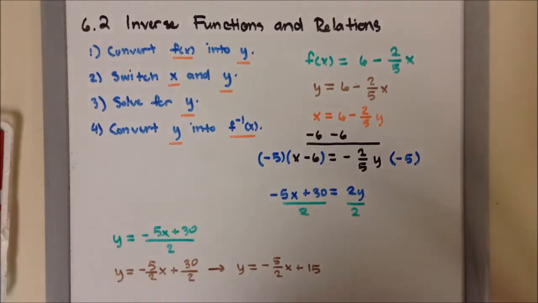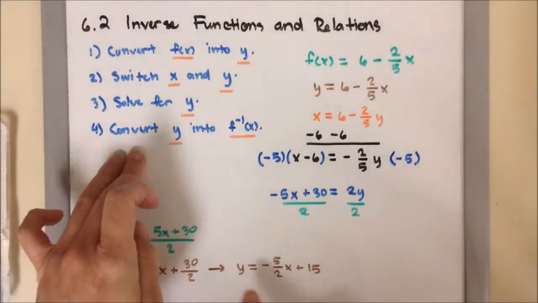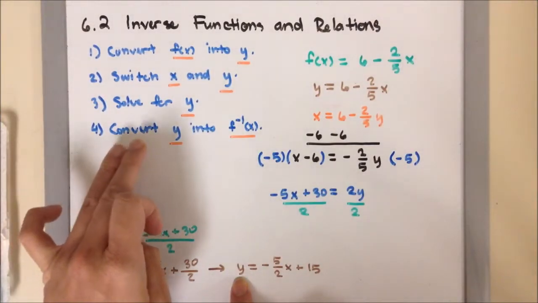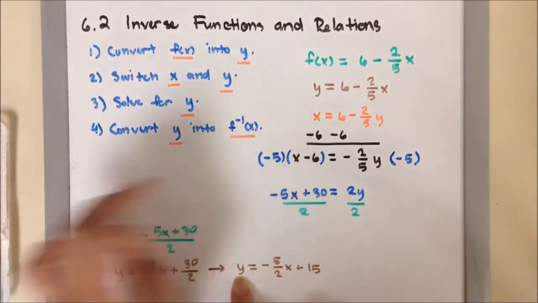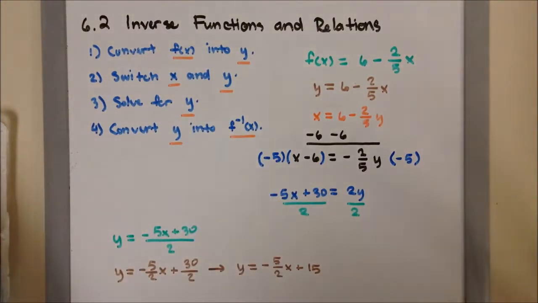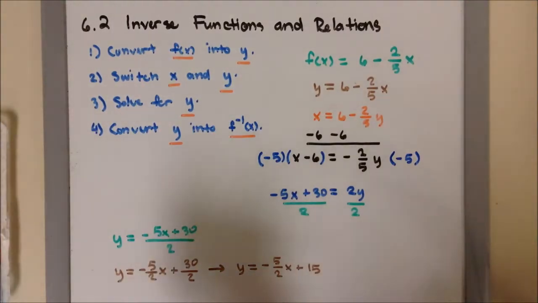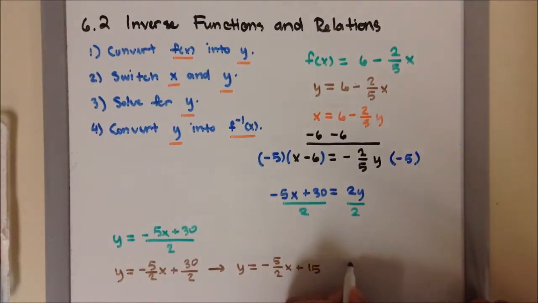So once I finish simplifying that, next is step 4. Because I finished solving for y, I'm going to convert y into f of negative 1 of x. So it's going to be f to negative 1 of x equal negative 5 over 2 x plus 15.